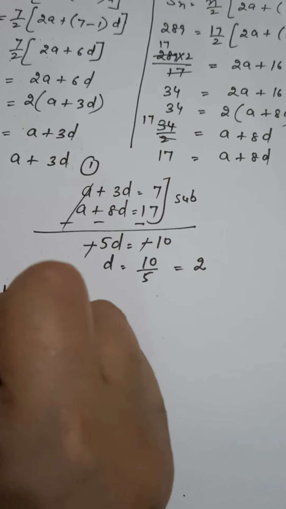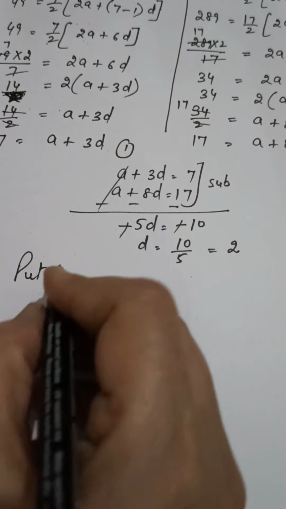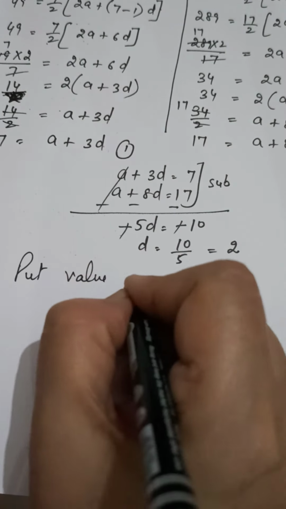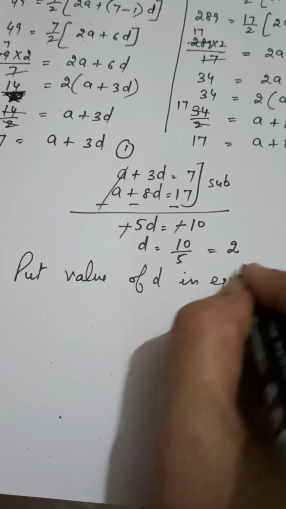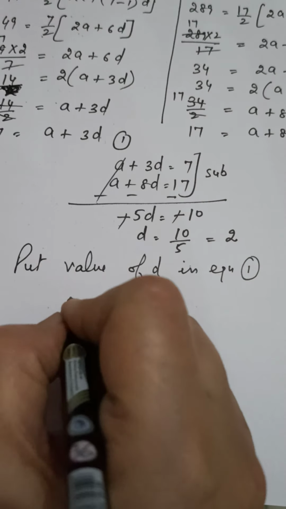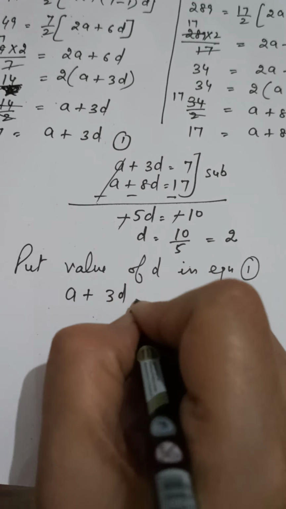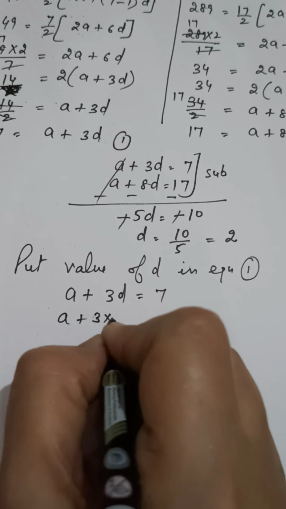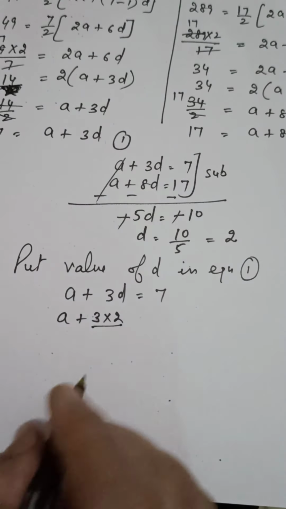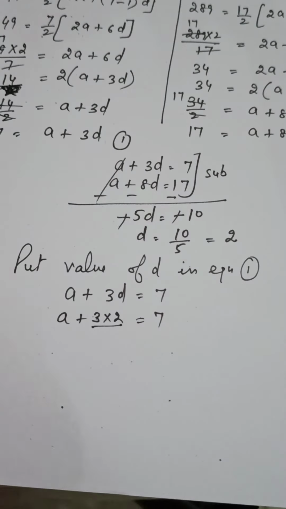Now put the value of d in equation 1 to find the value of a. A plus 3d is equal to 7. A plus 3 times 2 is equal to 7.